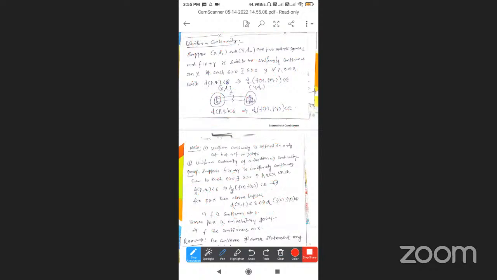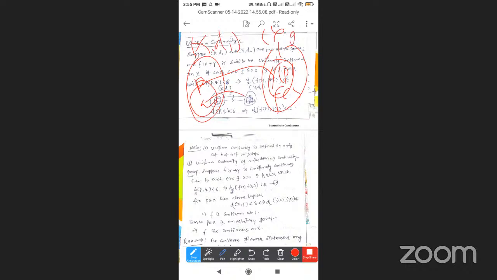It is very simple. There are two points p, q, and the function values f(p), f(q). (X, d1) is one metric space, (Y, d2) is the second metric space.